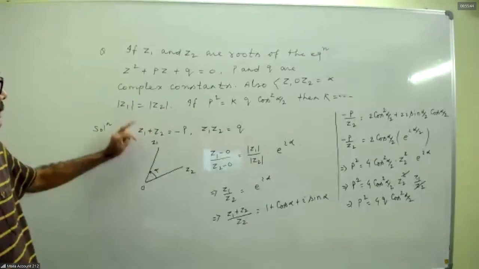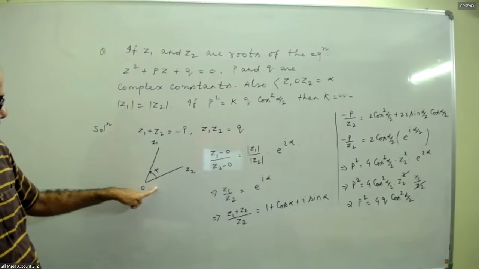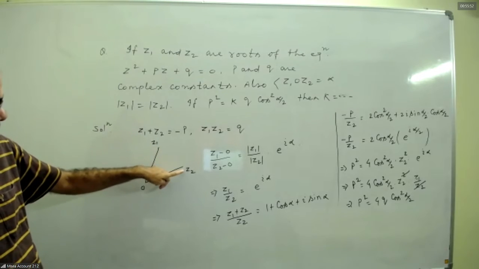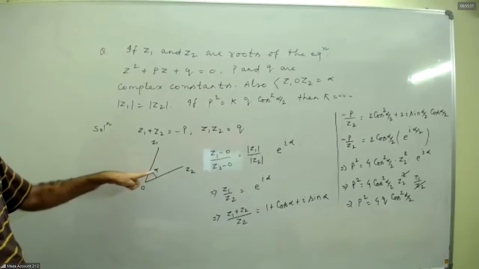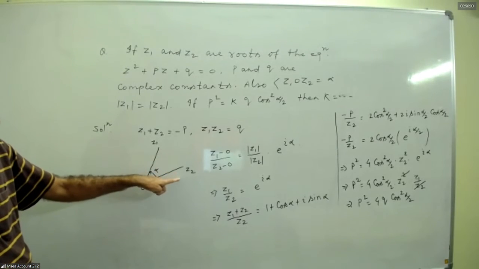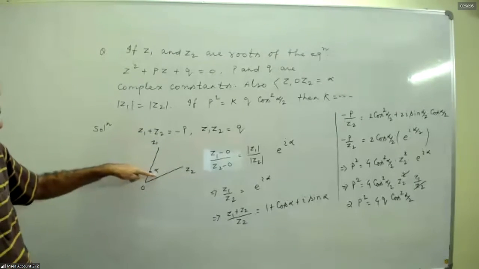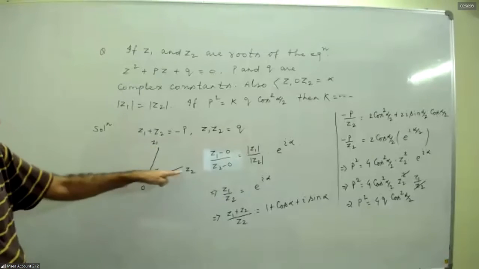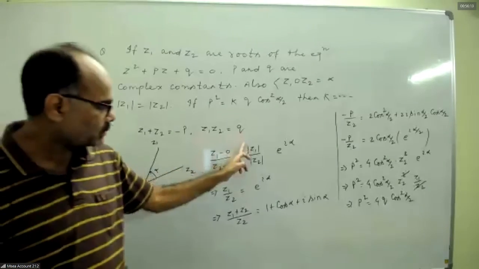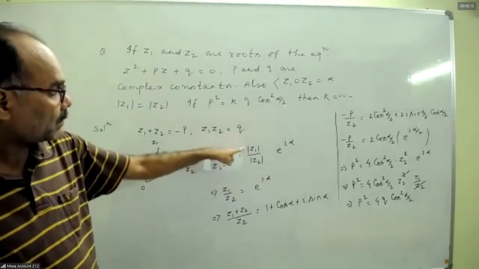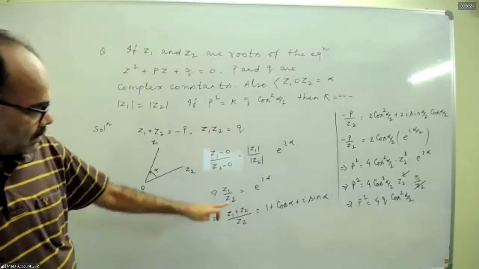Shall I explain? Sum of roots, product of the roots. Now applying rotation, you can take Z2 here, Z1 here, or anyway, no problem. This angle is given as alpha, so just establish the rotation result in this system. Move in anticlockwise direction. Final vector, initial vector, Z1 minus 0 by Z2 minus 0 equals mod of this. Now mod Z1 equals mod Z2, it is given, so cancelled.